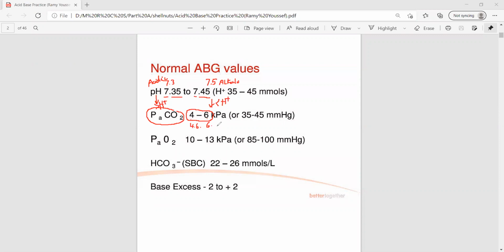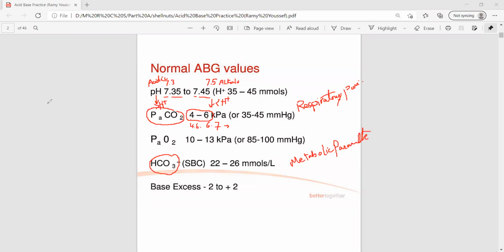This is the normal one. If you find it 7, you have more CO2. CO2 is the respiratory parameter. HCO3 is the metabolic parameter.